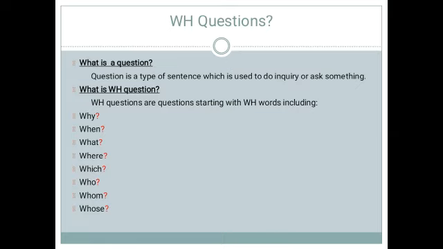The next is, what is a WH question? WH questions are questions starting with WH words. For example, why, when, what, where, which, who, whom, whose, and so many others.